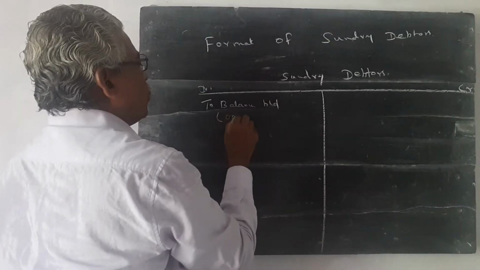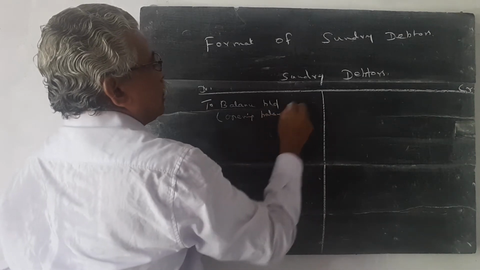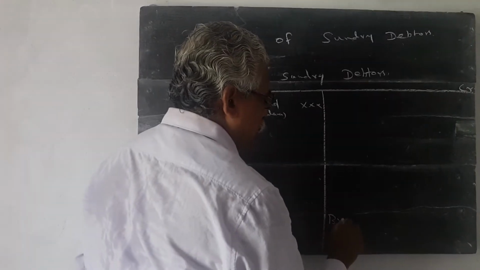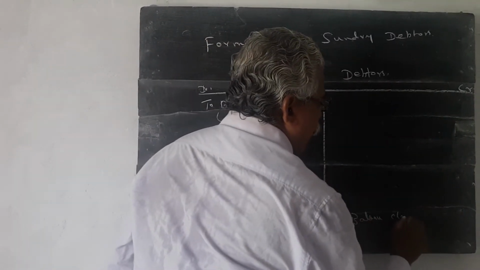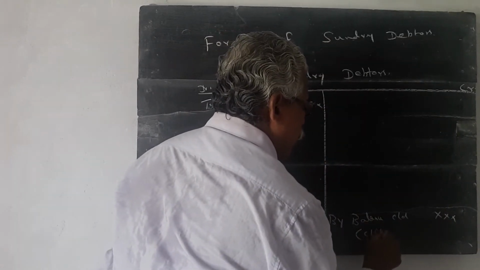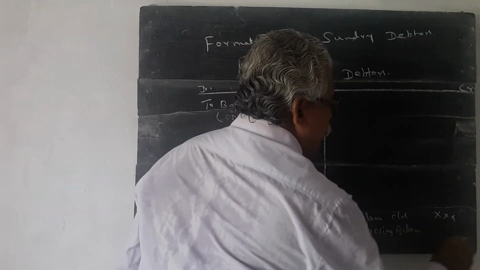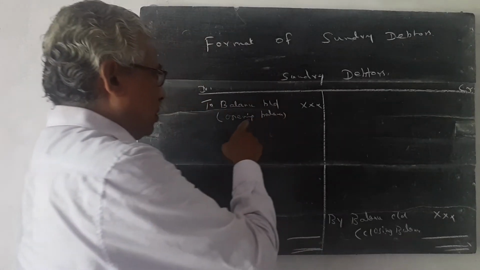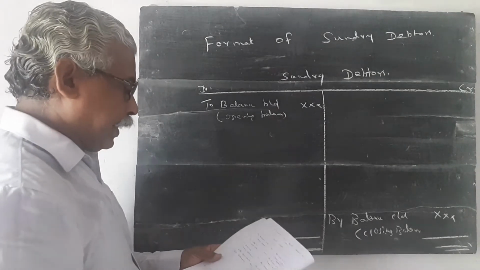The last item is by balance carried down, where we write the closing balance.